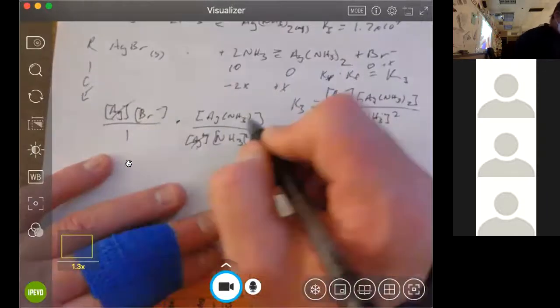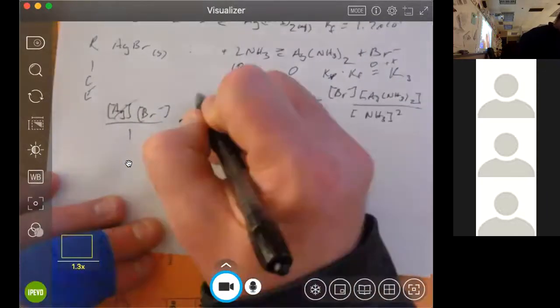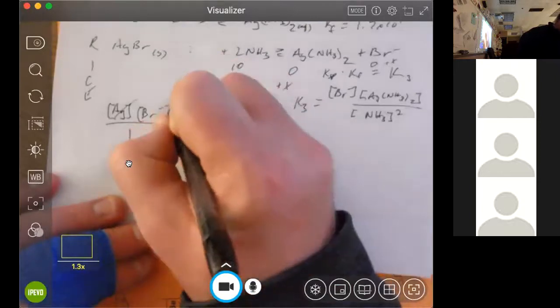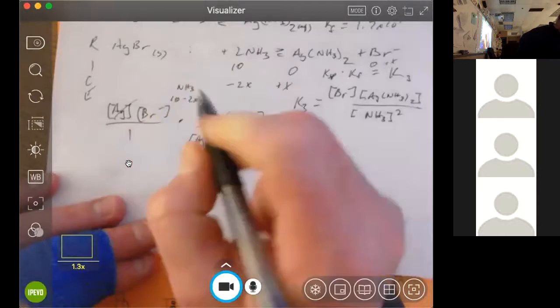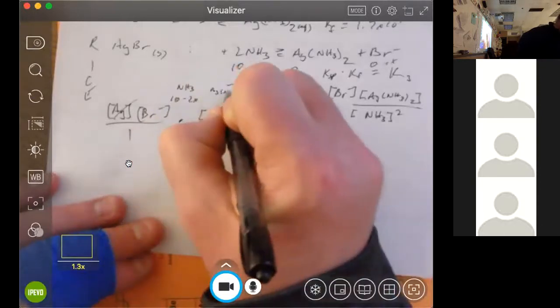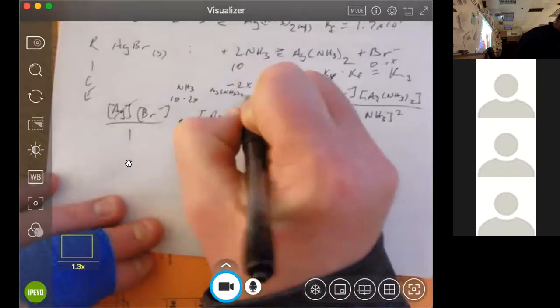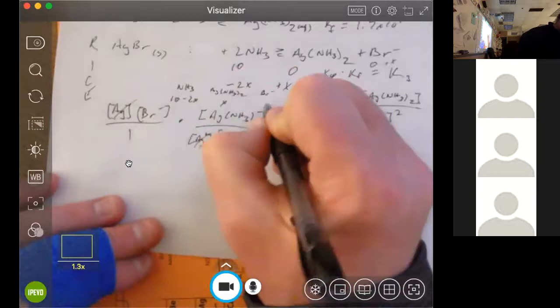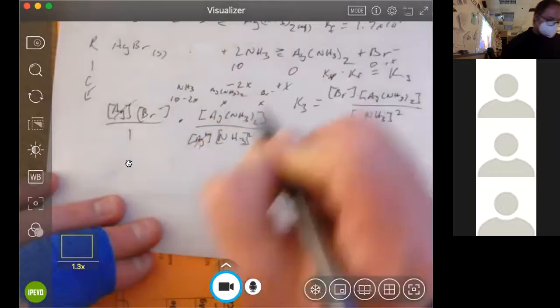So that means that our concentration for NH3 is 10 minus 2x. Our concentration for Ag(NH3)2 is x, and our concentration for Br negative is also going to be x.